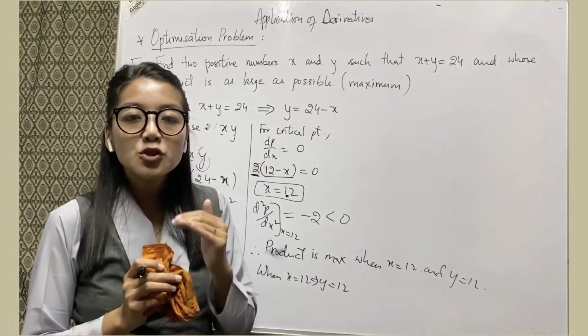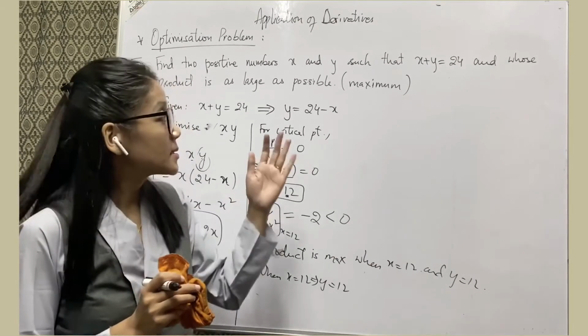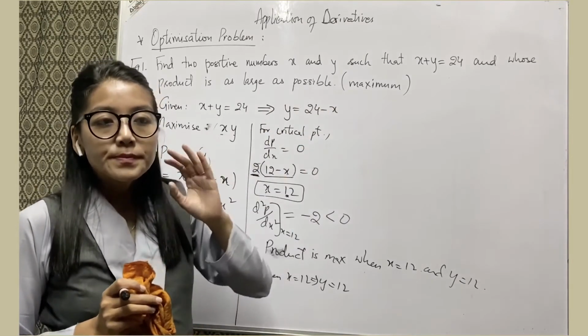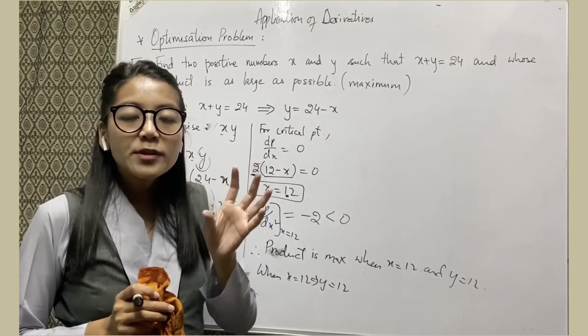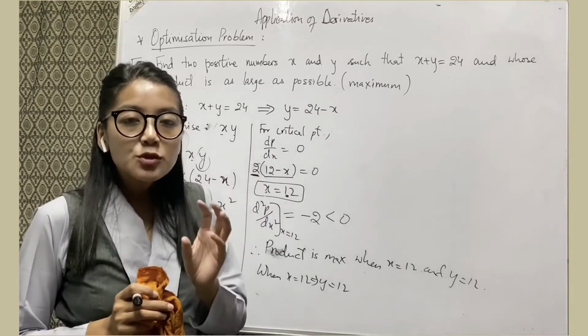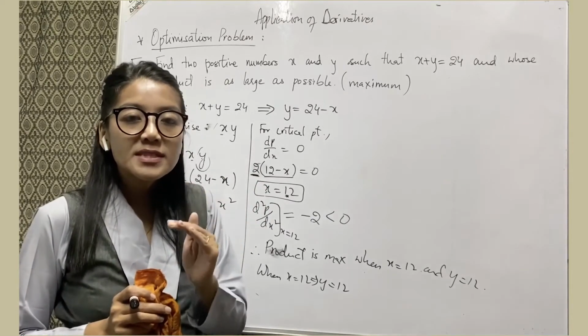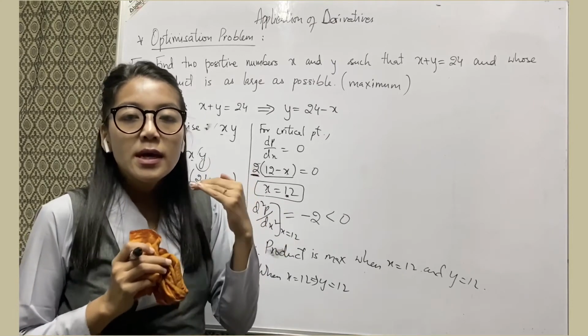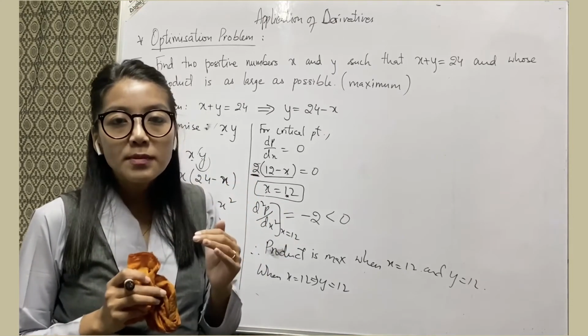Optimized means either it is to be maximized or to be minimized. Here in this question it is a maximization problem. Then whatever given quantity you have, that is to be used for expressing one variable in terms of the other variable. This method is applicable for all types of optimization problems.